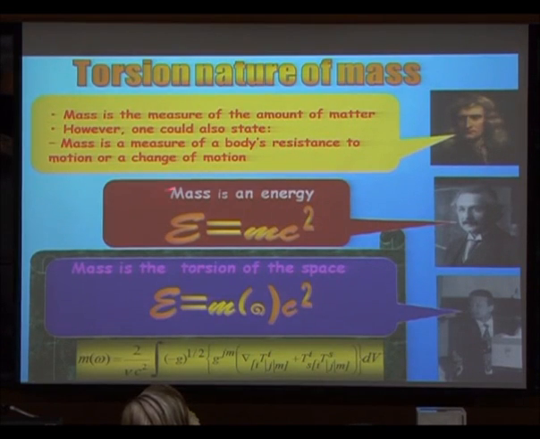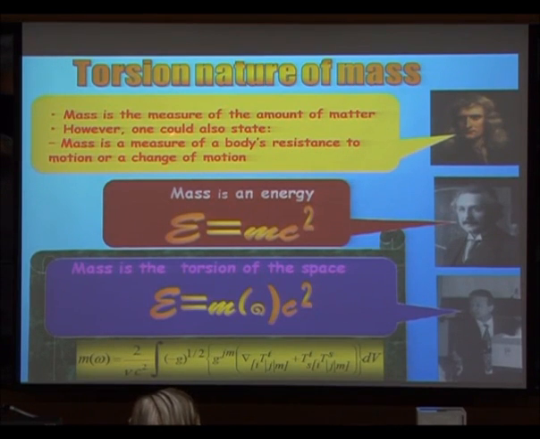And one of the results of these equations is that we now have a new view on the mass. Newton said mass is the measure of the amount of matter.